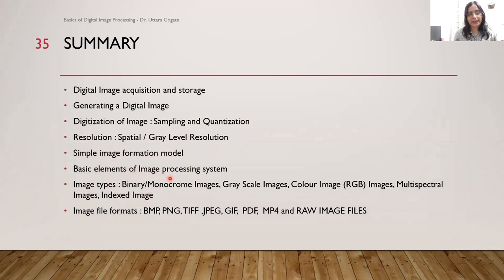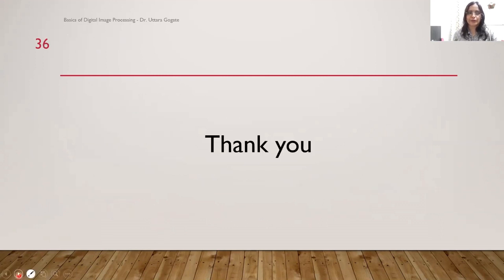Then we have seen the basic elements of an image processing system and image types: binary or monochrome, grayscale image, color image, multispectral image, indexed image, and the different file formats, starting from raw image files directly captured by the cameras, and then converted to BMP, PNG, TIFF, JPEG, GIF, PDF, MP4, and many more, which we have not discussed here, but these are the important ones used in image processing. So here we have discussed all these basics of image processing. Thank you.